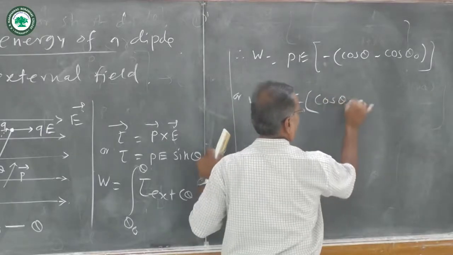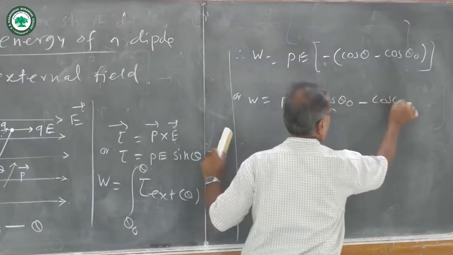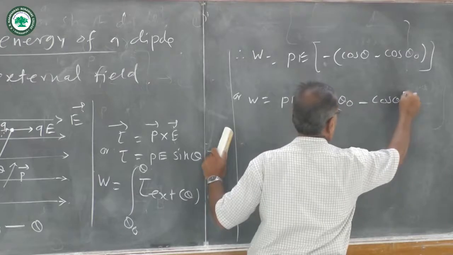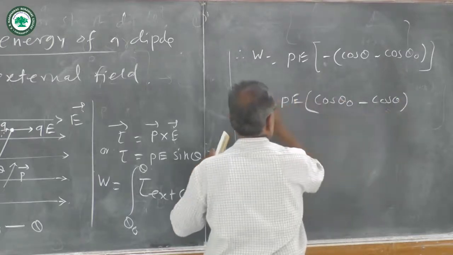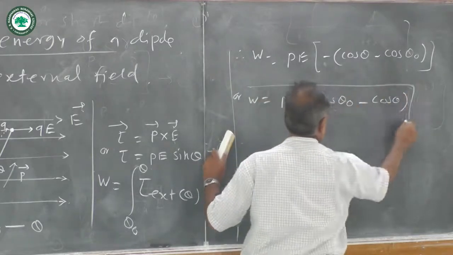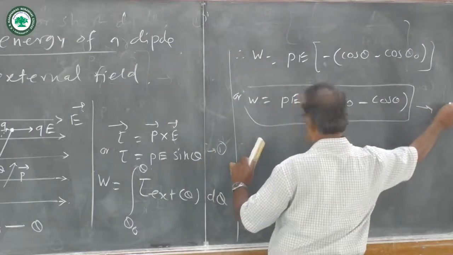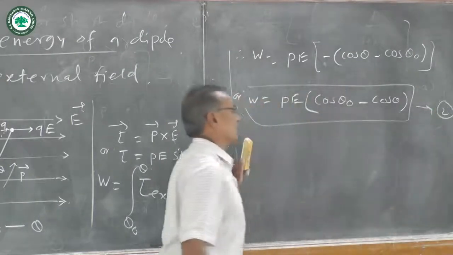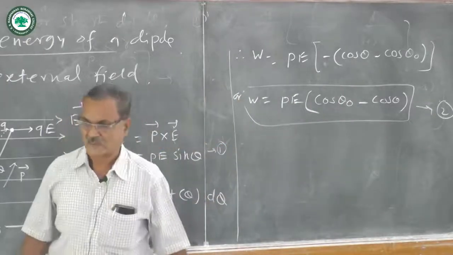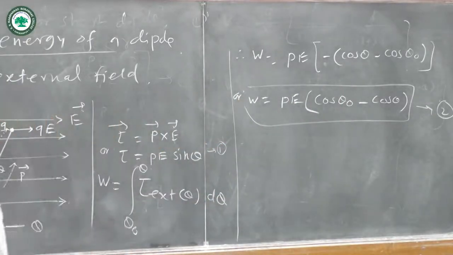Rearranging the terms, W equals PE in bracket cos theta 0 minus cos theta. This is equation number 2.